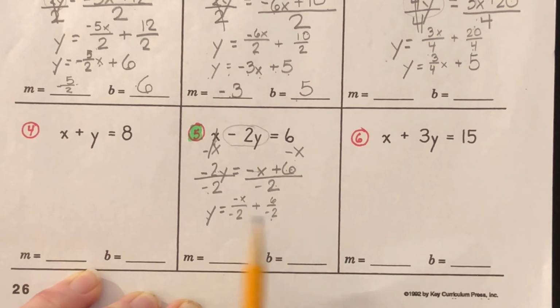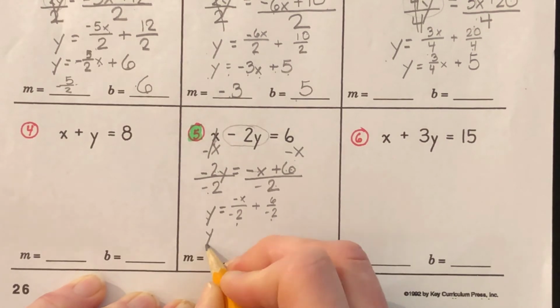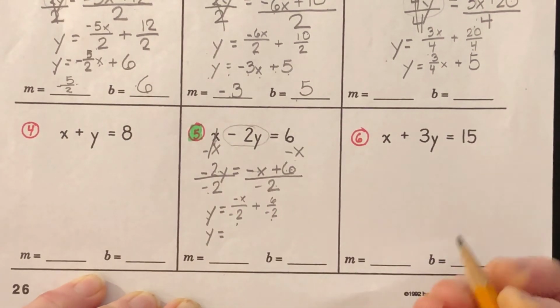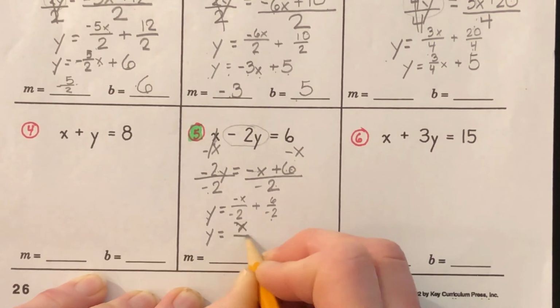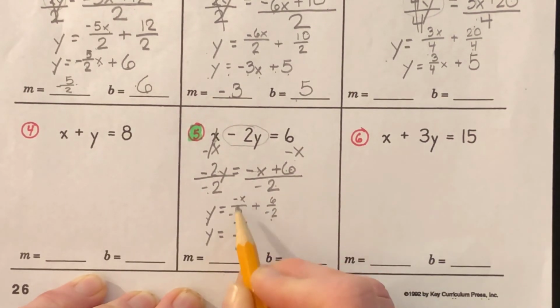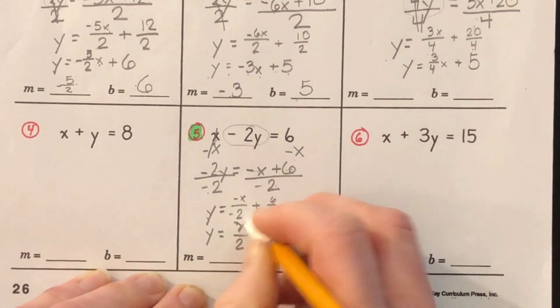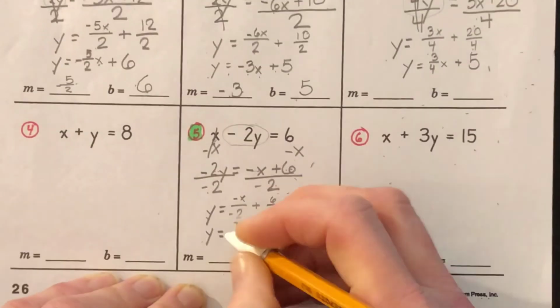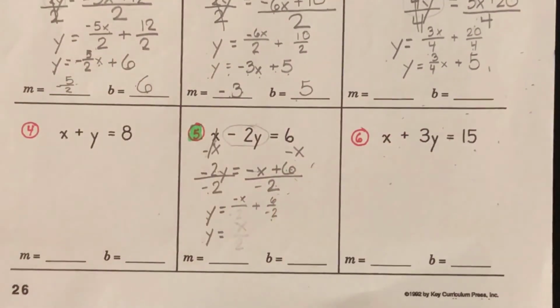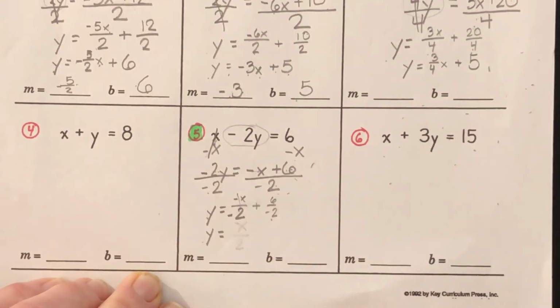This will be a whole number. This will be a fraction. Y equals, now you could leave this as x over 2. It's now positive because you have 2 negatives. Or to put it more precisely in slope-intercept form, we know this is a 1.